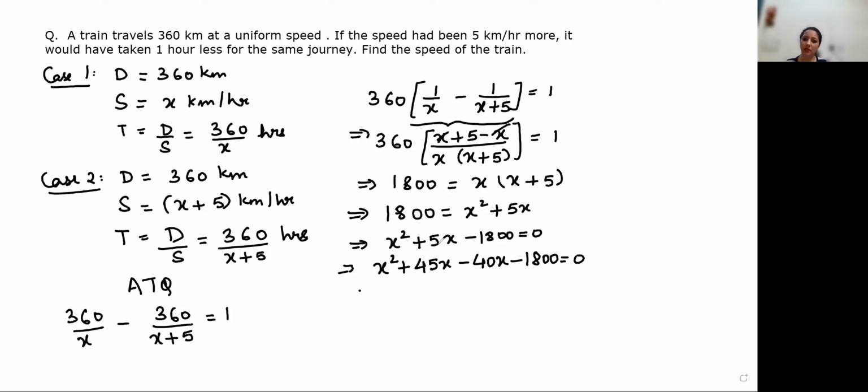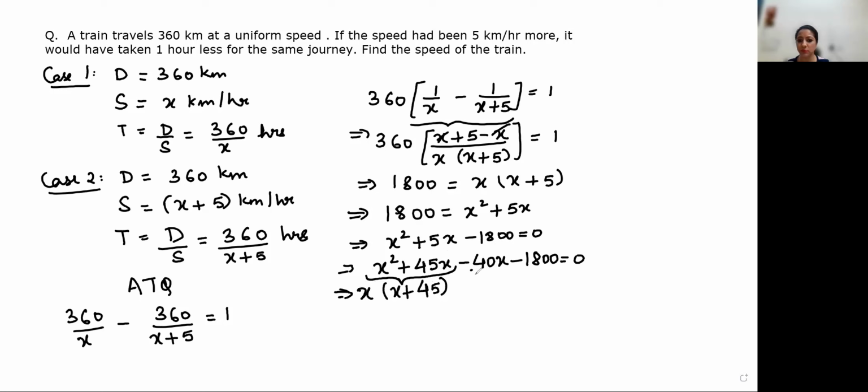So using the split the middle term method, I have taken this 5x and written it as 45x minus 40x. 45 and minus 40 will give me the sum plus 5 and the product minus 1800. Now, in these first two terms, we're going to take x common. So we'll have x into x plus 45 here.